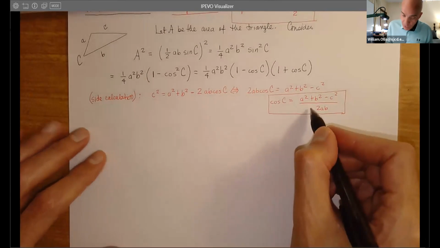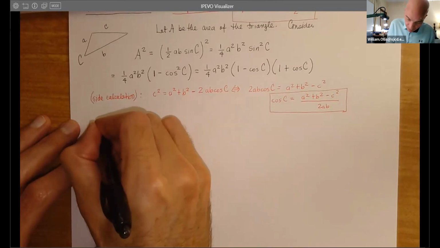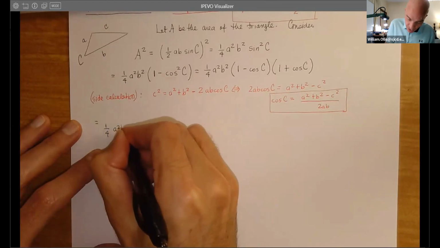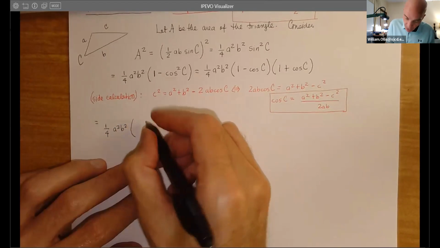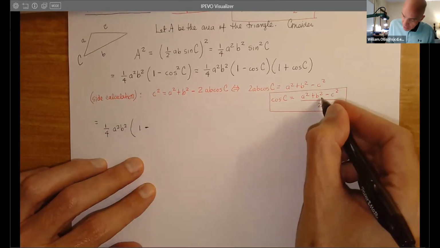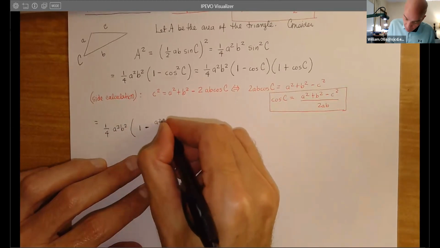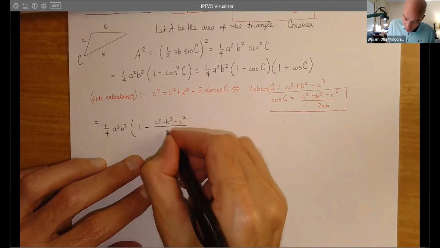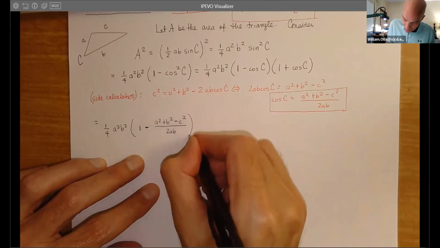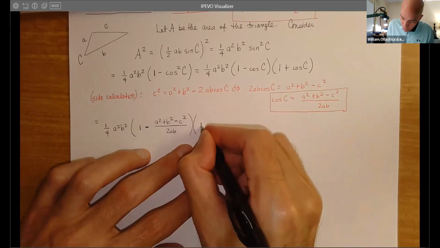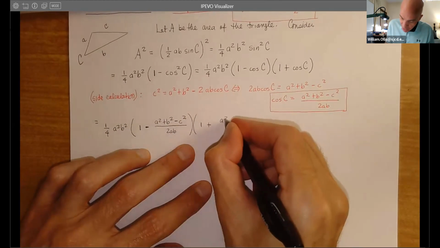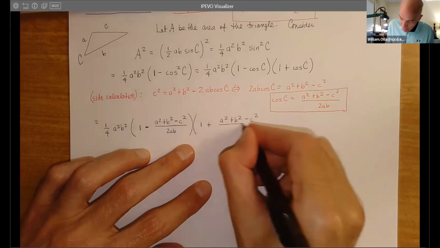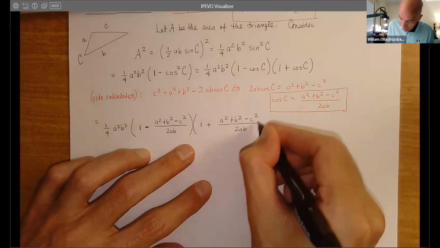So now we'll do a substitution. So what do we get? 1/4 A squared, B squared, and then we get 1 minus this guy, A squared plus B squared minus C squared divided by 2AB. And then we get 1 plus A squared plus B squared minus C squared divided by 2AB.